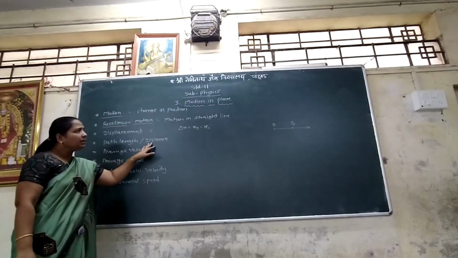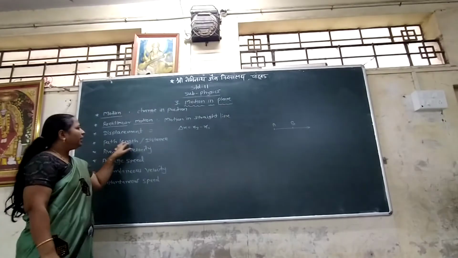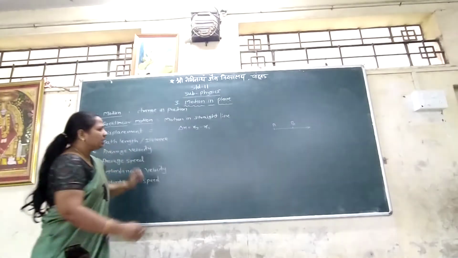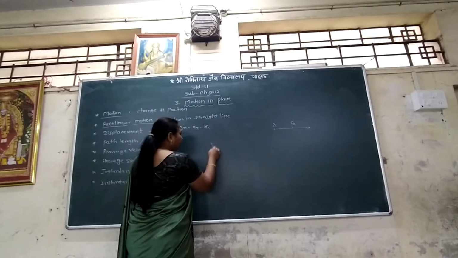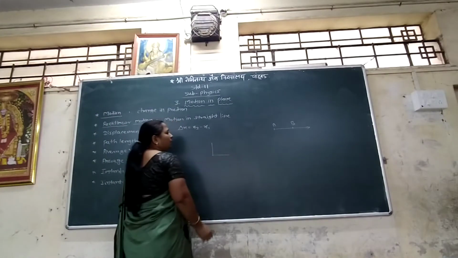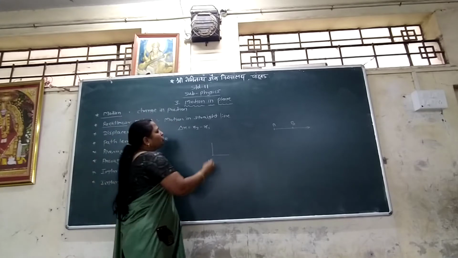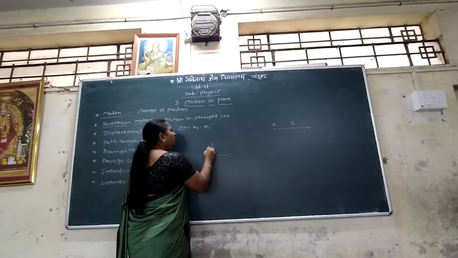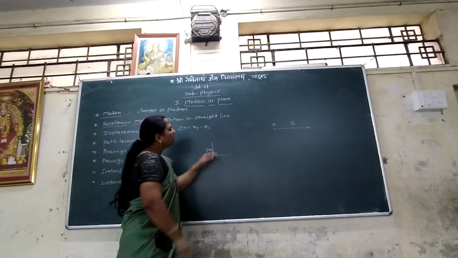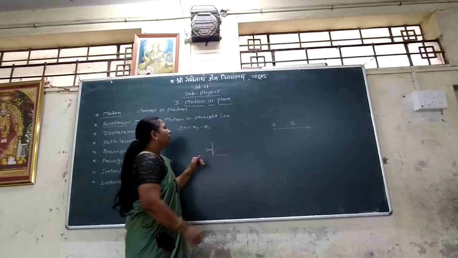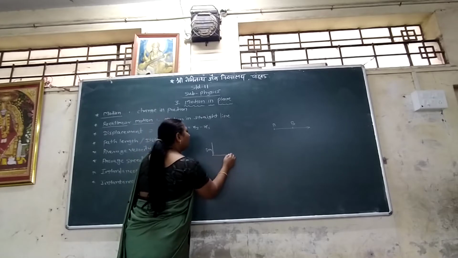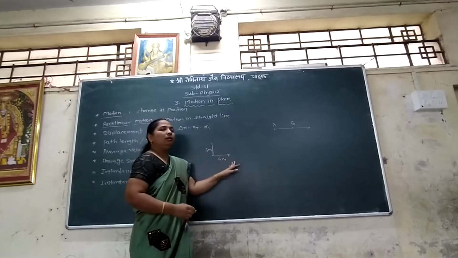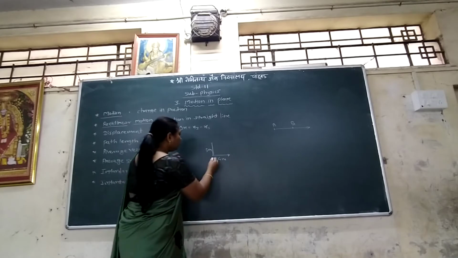But path length is the actual distance covered. Suppose a swimmer is going 3 meter towards the south and 4 meter towards the west.